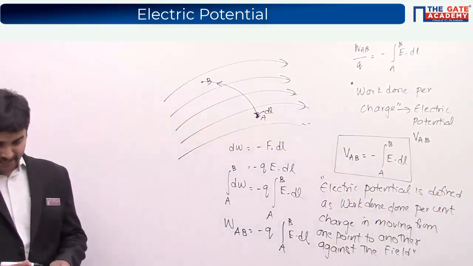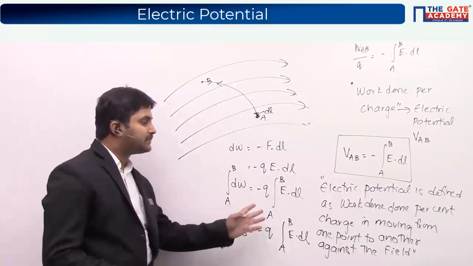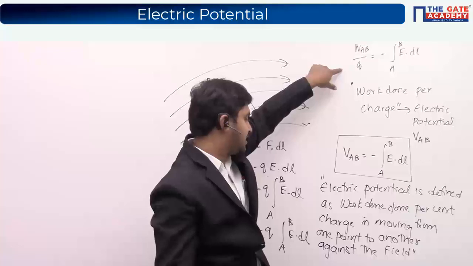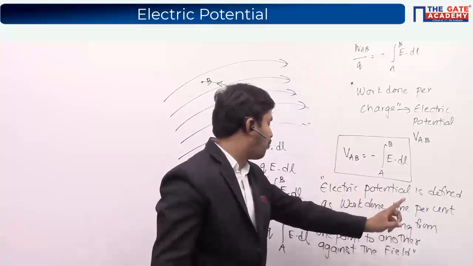So this is the definition of the electric potential. Electric potential is defined as work done per unit charge in moving from one point to another.